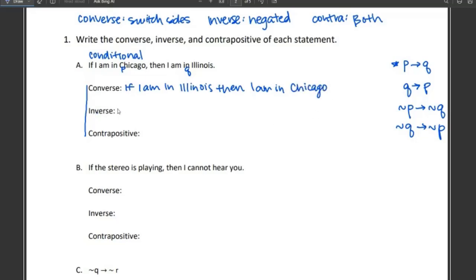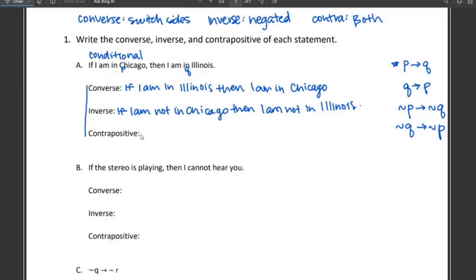The inverse, if not P, then not Q. So if I am not in Chicago, then I am not in Illinois. And then the contrapositive, we have negative Q, then negative P.